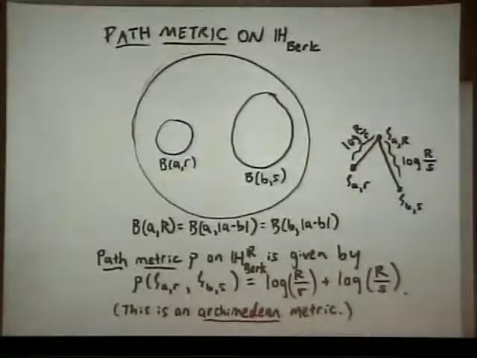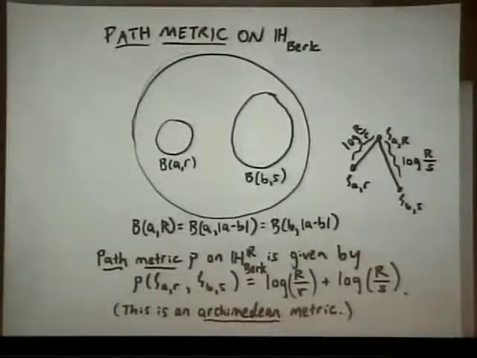And if one disk is contained in the other, it's literally just the log of the ratio of the radii. You just have one term. And so that actually defines a metric on this hyperbolic space. You could extend it to the type 1 points, but then it would be singular. Those type 1 points are infinitely far away because they have radius 0. Anyway, so this is a metric.